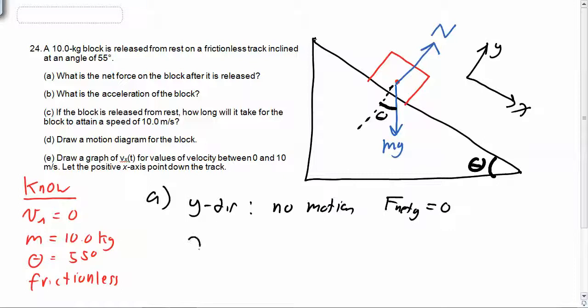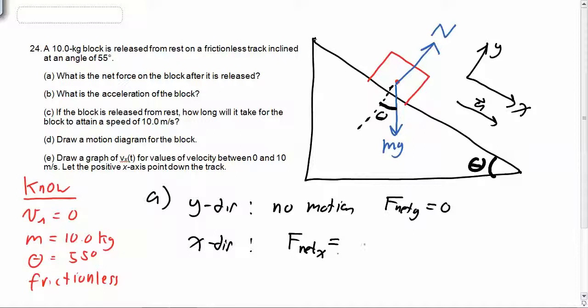But in the x direction, the block will speed up as it goes down the hill, so there's going to be an acceleration parallel to the incline, and so the net force would be equal to the component of the weight force that points down the hill, because the normal force only points in the y direction.